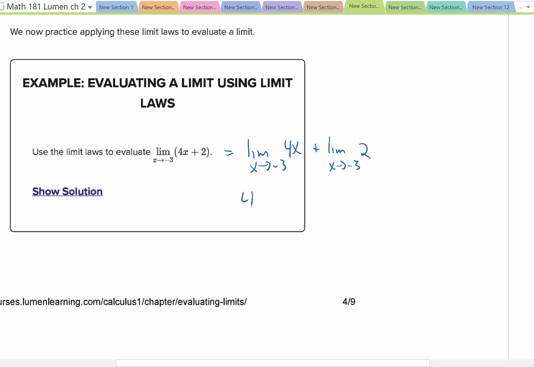So that's going to be 4 times the limit as x approaches -3 of x plus the limit as x approaches -3 of 2. So that's 4 times -3 plus 2, because that's a constant, so I get -12 plus 2, which is -10.